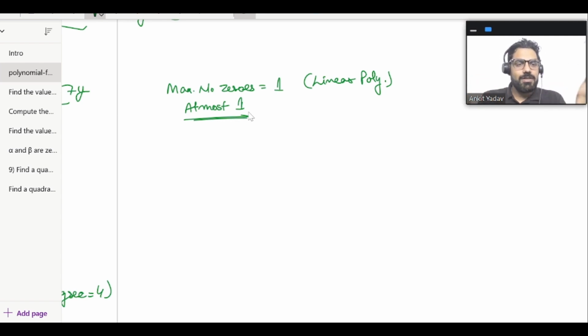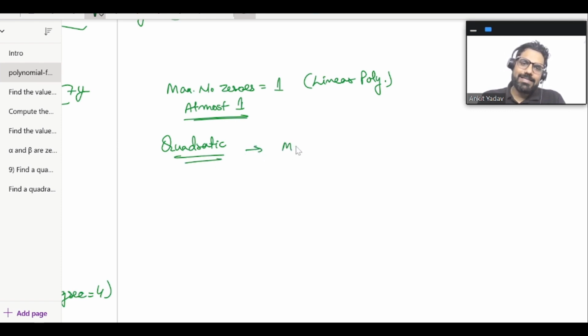What are zeros? The value of the variable in the polynomial at which the polynomial becomes 0 is known as the zero of the polynomial. We have already studied this thing in ninth class, but still we will discuss it further, right? So for a quadratic polynomial, how many zeros will it have?